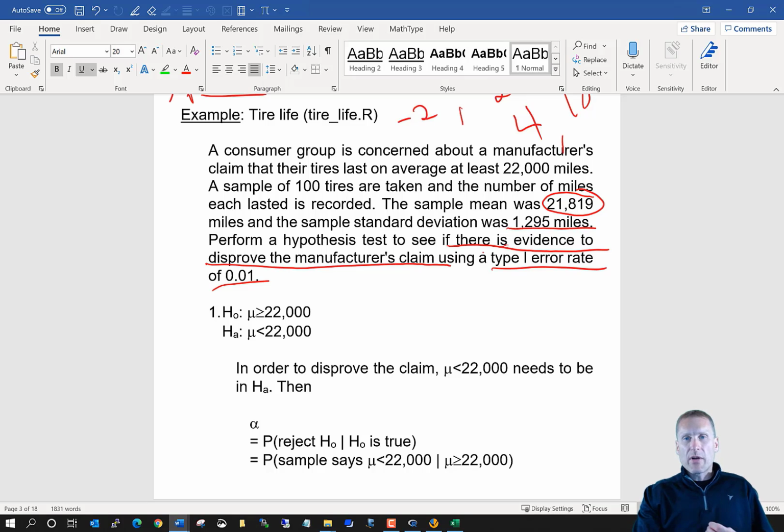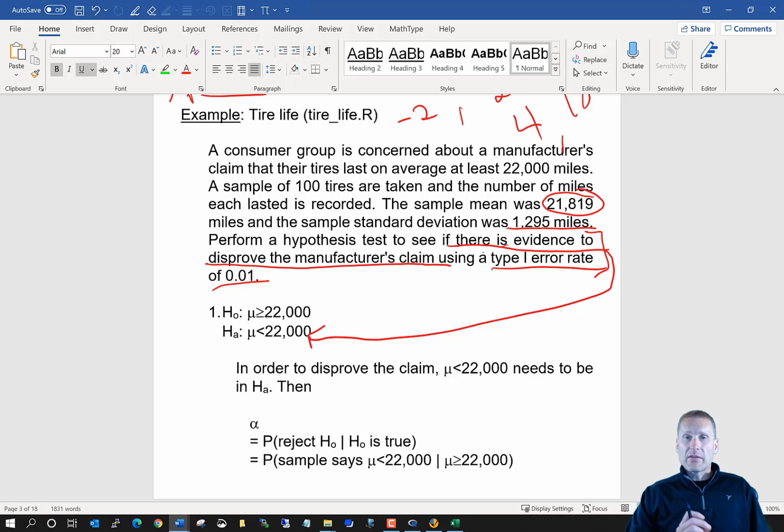So since that's what we're trying to do, this is almost like a research hypothesis. Okay, we're looking with a sample to see if there's evidence to disprove the manufacturer's claim. So because of that, we need to put that aspect in HA. And the reason being corresponds to the type 1 error rate. We control the probability of making a type 1 error at alpha.